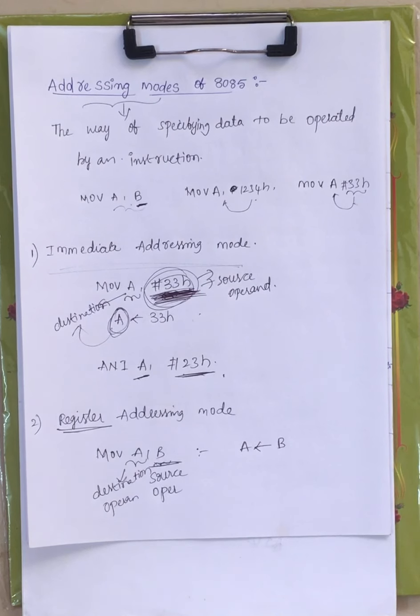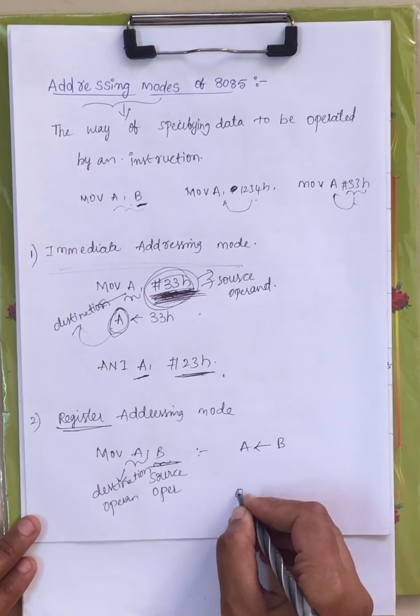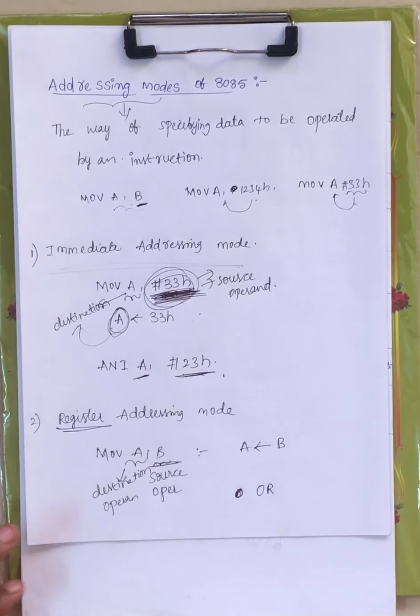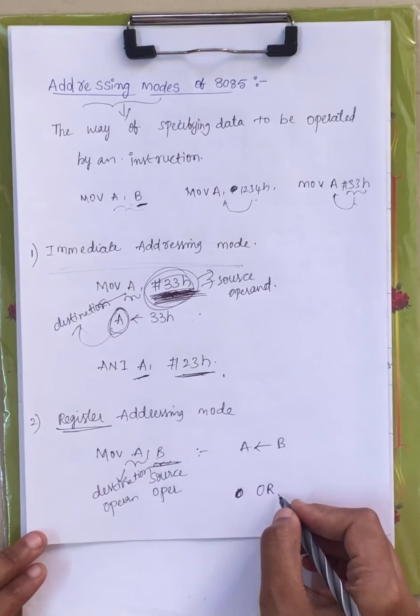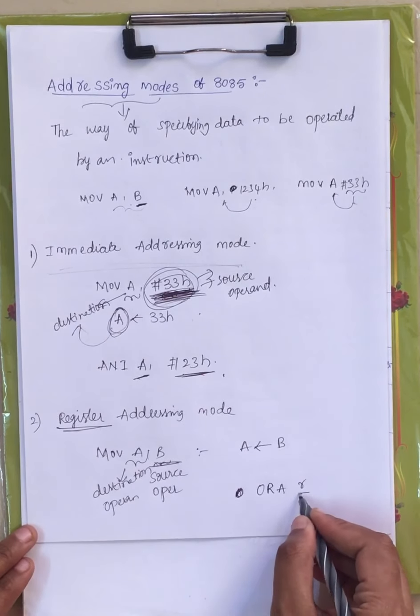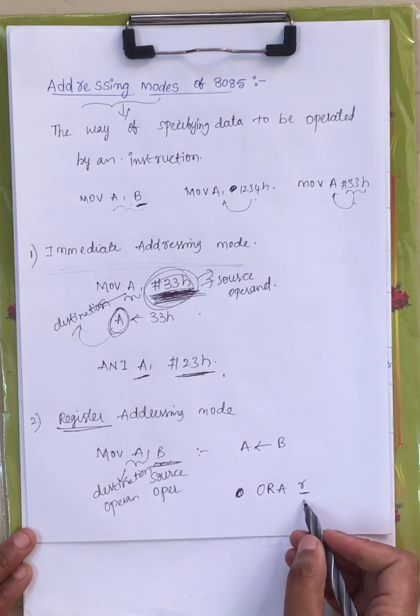Now this is about register addressing mode. Now I will give another example: ORA R, right? Here R is any register of the 8085.